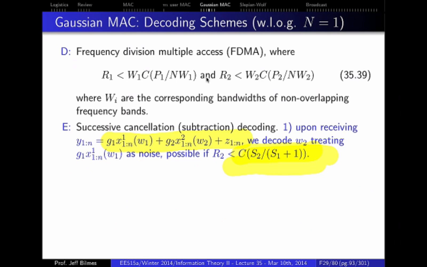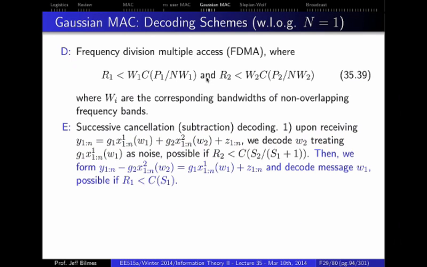Now once we've got W2, we can subtract that off, and we form a new received word, which corresponds to a code word that has been, presumably, if we've got the right code word for W2, which typical set theory guarantees we will get if we have long enough block length.